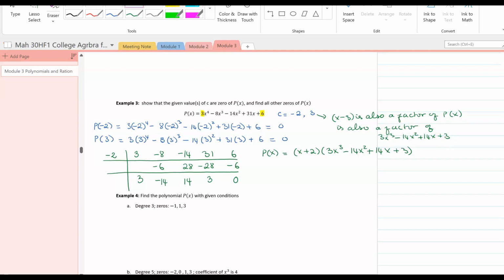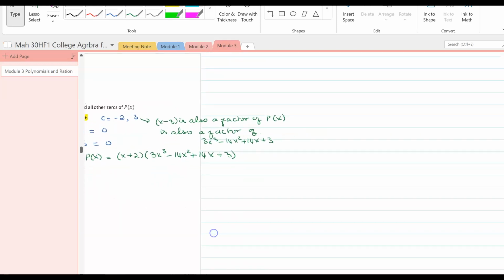So the next thing I do is to perform synthetic division using 3x to the third minus 14x squared plus 14x plus 3. Okay, so again, I start with the synthetic division. Here's 3, and the coefficients are 3, negative 14, 14 and 3.